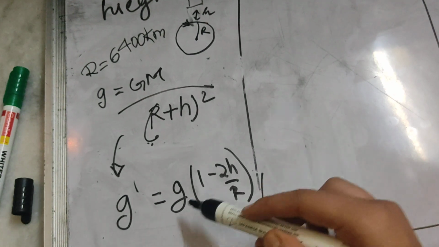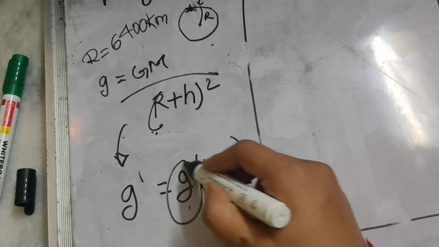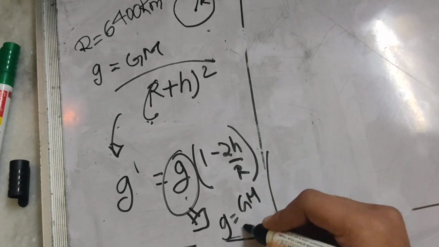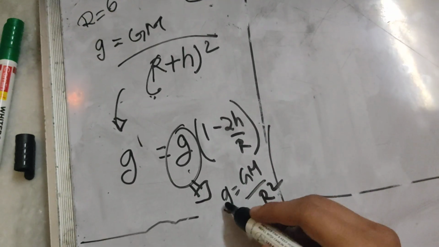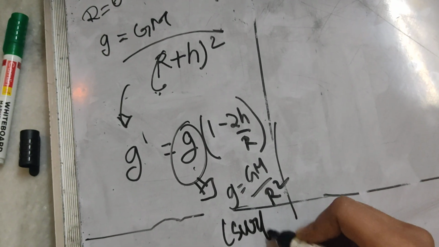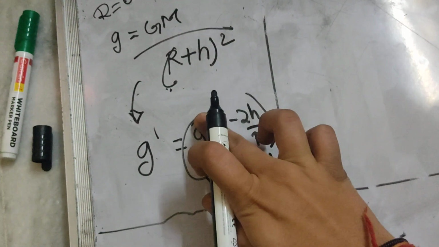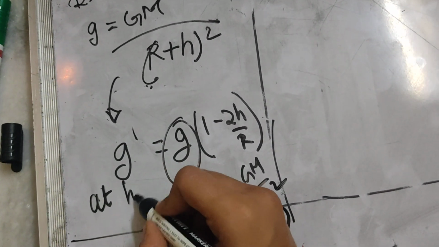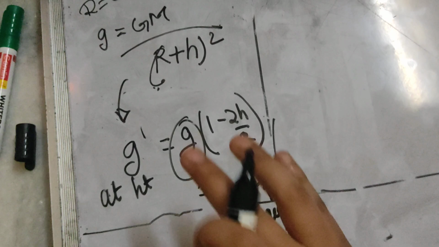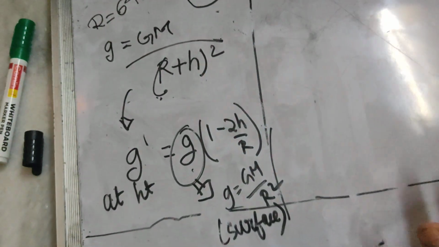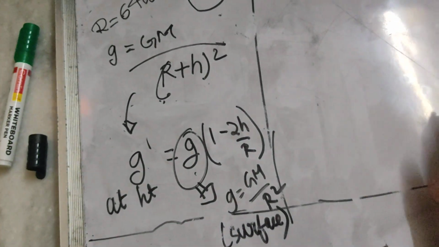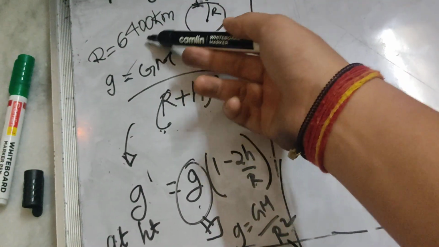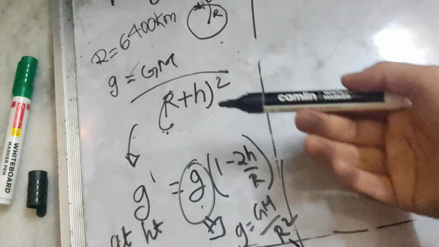And what is this g? This g is equal to GM upon R squared, which is the value at the surface. And this g dash is at that particular height, g dash equals g into (1 minus 2h upon R). Suppose h is 1 kilometer or 2 kilometers and R is 6,400 kilometers, or else they will mention it in the question.